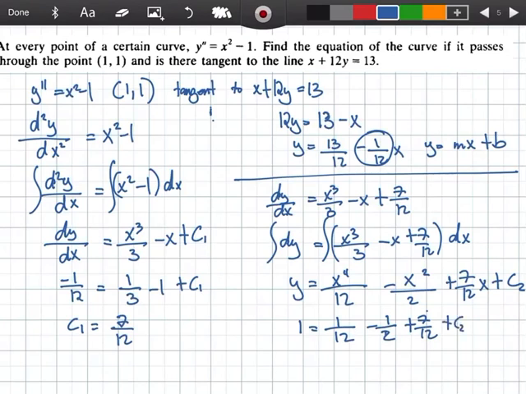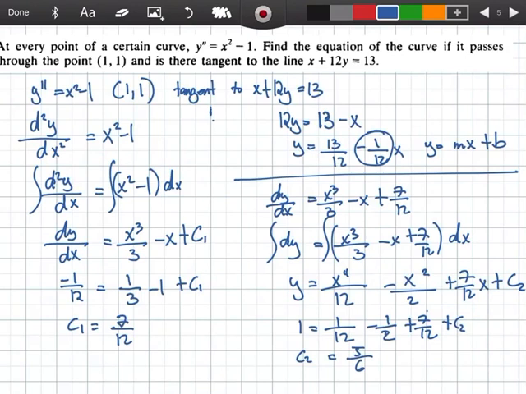So, this means that c2 is 1 plus 1 half, 1.5, minus 8 over 12. So, 1.5 minus 8 over 12 is 5 over 6. Right? Because it is 10 over 12. That is 5 over 6.